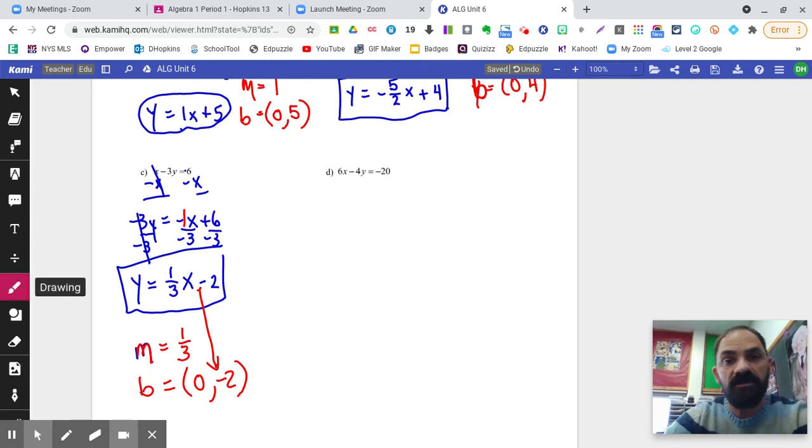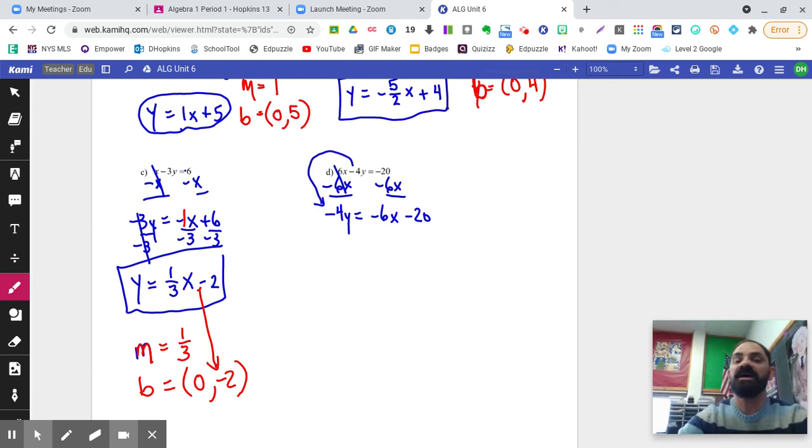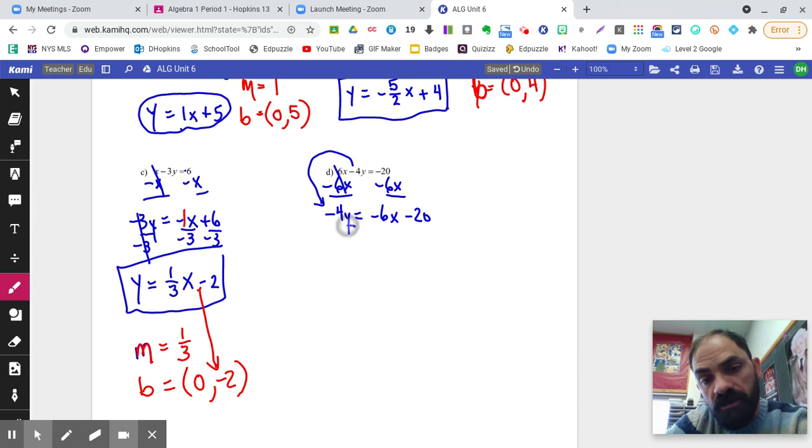To get y by itself, let's subtract 6x to both sides. Don't forget the sign that's in front of the 4y. That is a negative that has to be carried down. And lastly, divide everything by -4.